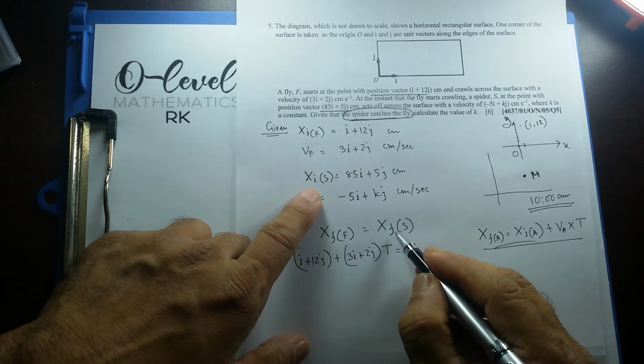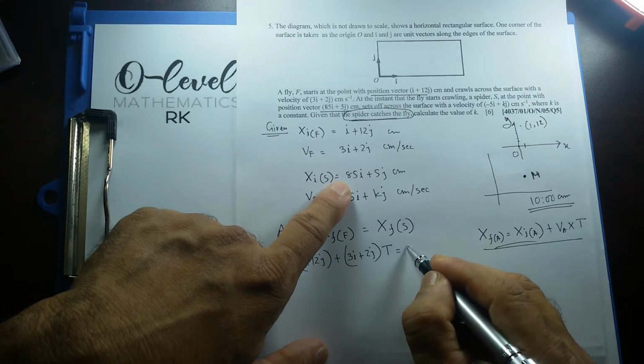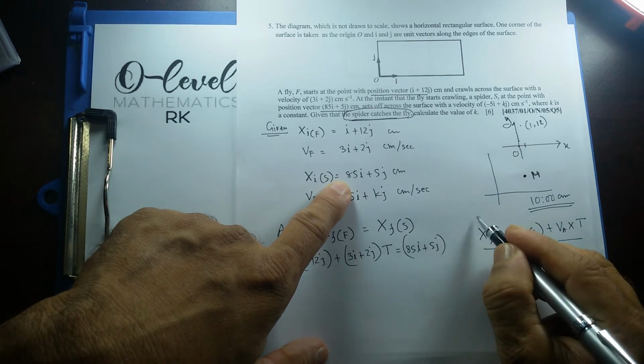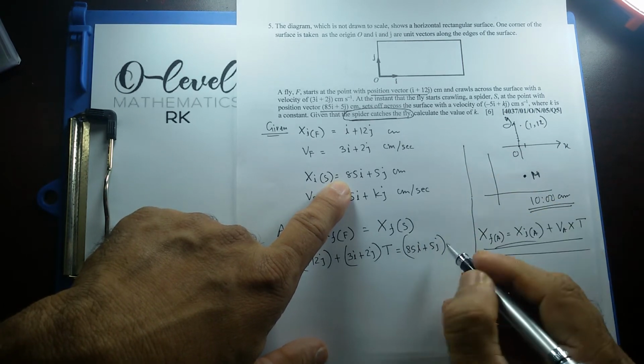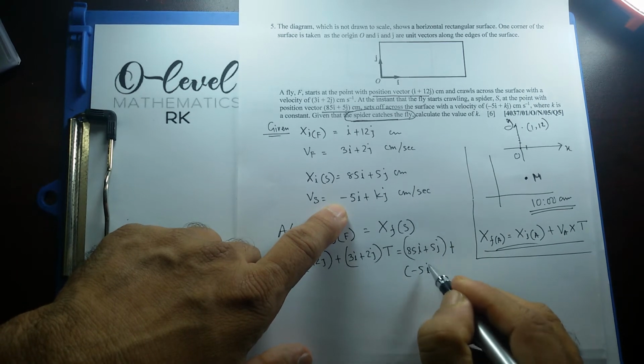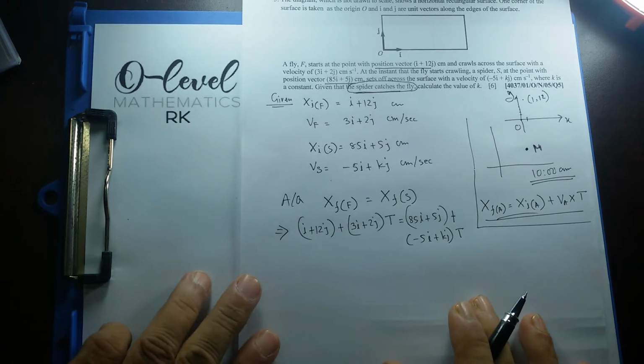Now for the spider, the initial position was 85i plus 5j. Sorry, I don't have any space over here. So plus minus 5i plus kj, times t.